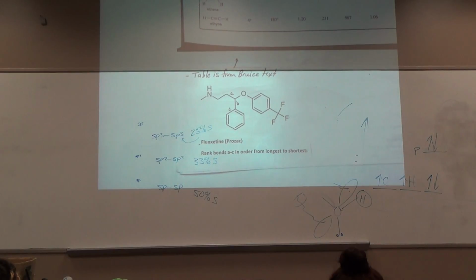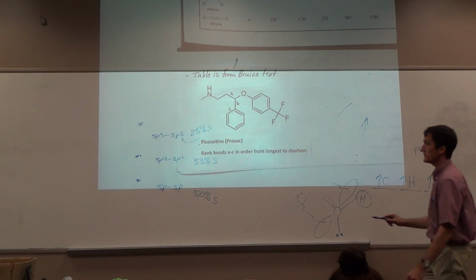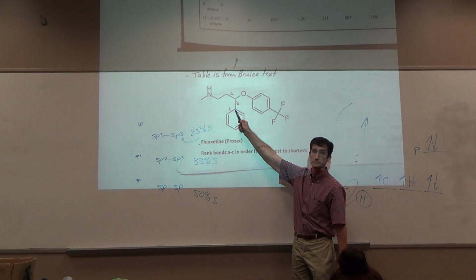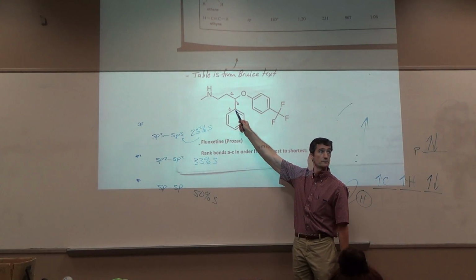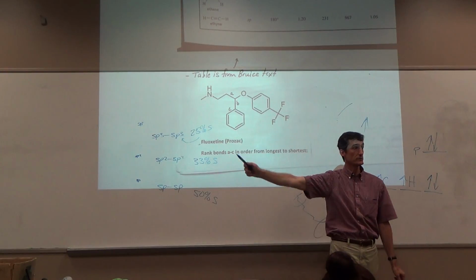Question? Can we assume that if the bond is connected like a double bond or a triple bond, I would determine the hybridization and then know what type. I mean, what's the hybridization of this carbon? It's sp2, it has 3 hybrids.